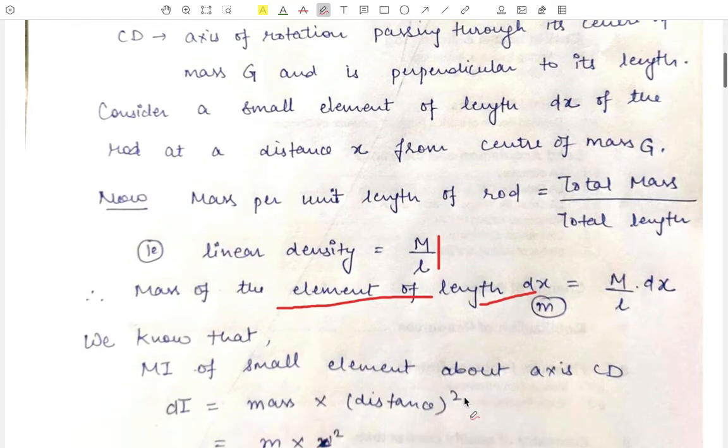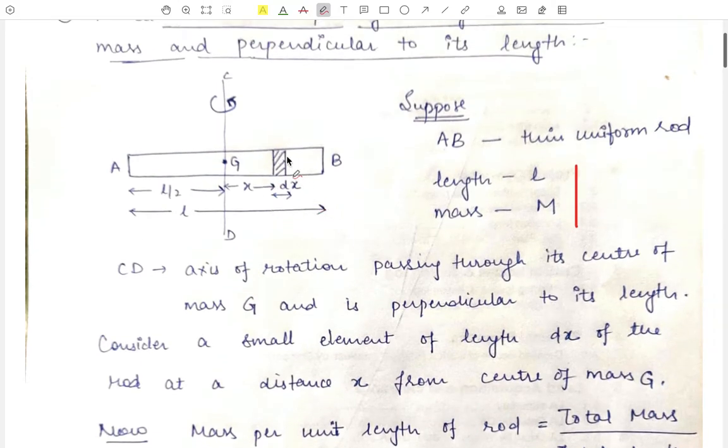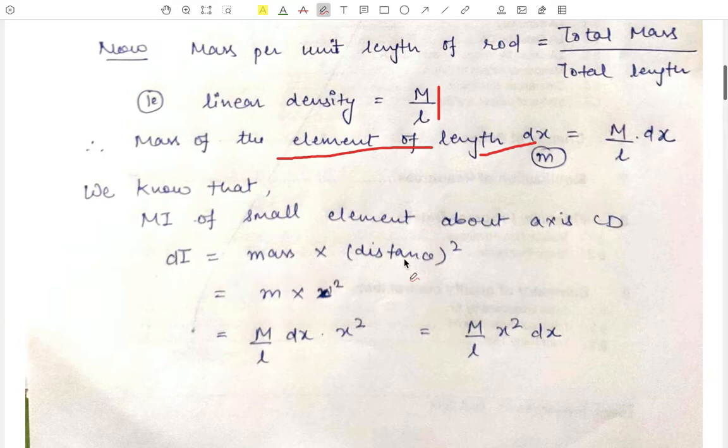Now, since we have the mass of the element and its distance from the axis, we can find its moment of inertia about the axis CD, which, as we know, is mass into distance squared, that is small m into x squared. Substituting small m equal to m upon L into dx, the moment of inertia of the small element about the axis CD is equal to m upon L into x squared into dx.